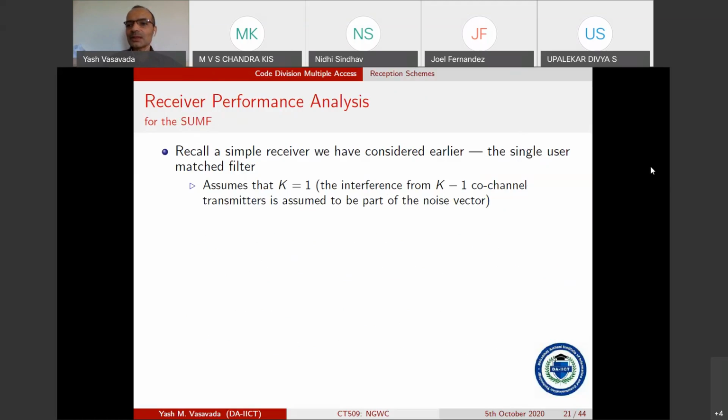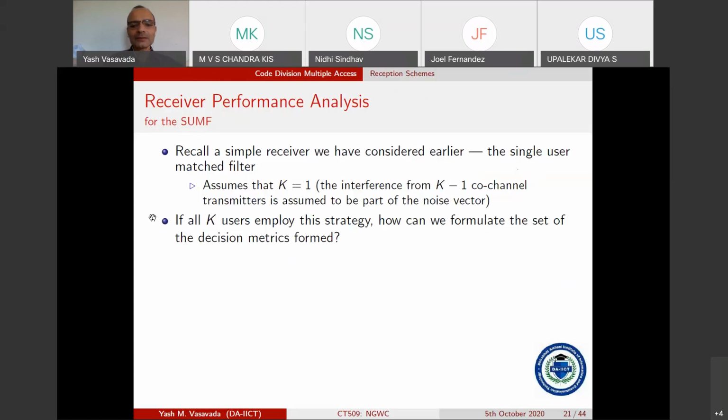So who has not spoken yet? Soumya is not here. So I'll go back to Arushi. Arushi, do you know what single user matched filter is? And where did we bring it in?